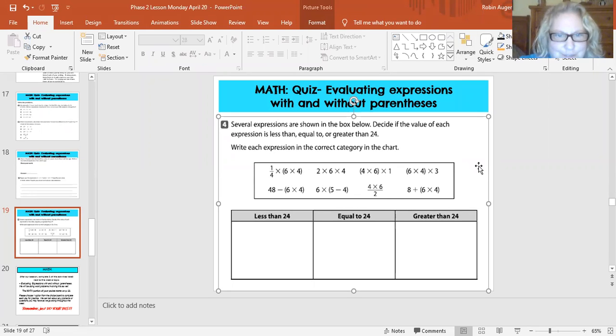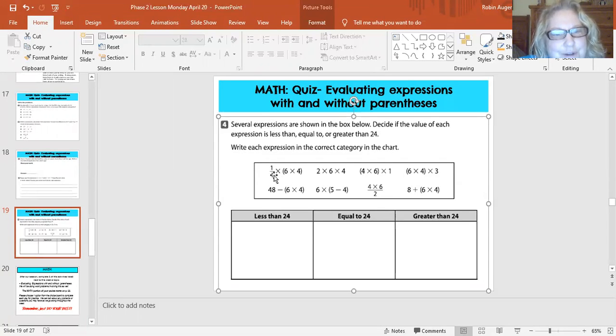Okay, so let's look at the first one. It's using a fraction. Oh, no, right? But we know that every fraction is actually a division problem, isn't it? So 1 divided by 4. Whatever we have over here is going to be divided by 4. So 6 times 4 is 24.